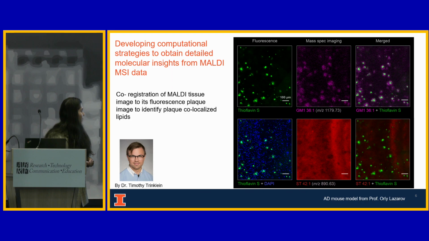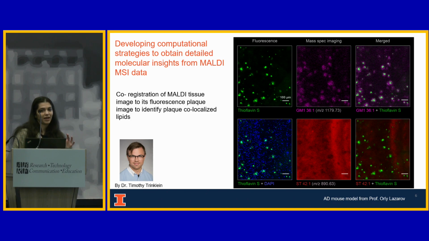A postdoc in our lab, Dr. Timothy Trankline, has developed this computational strategy that builds on what we already have, so we can stain the plaques, and we can do this using microscopy images. He developed a way to co-register the fluorescent image of the tissue with the mass spectrometry imaging.